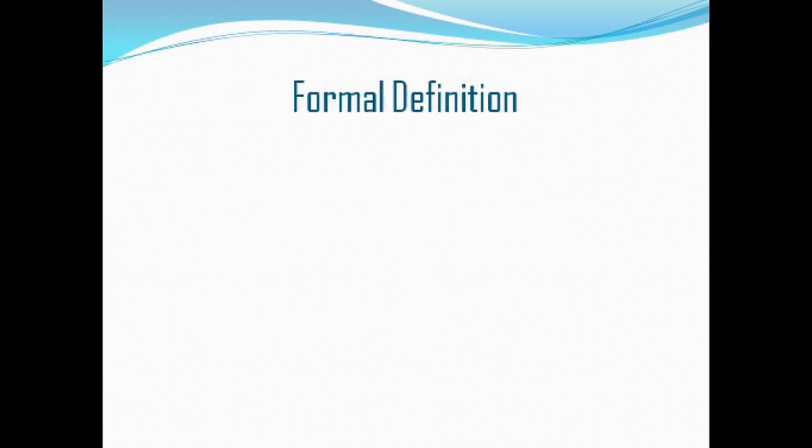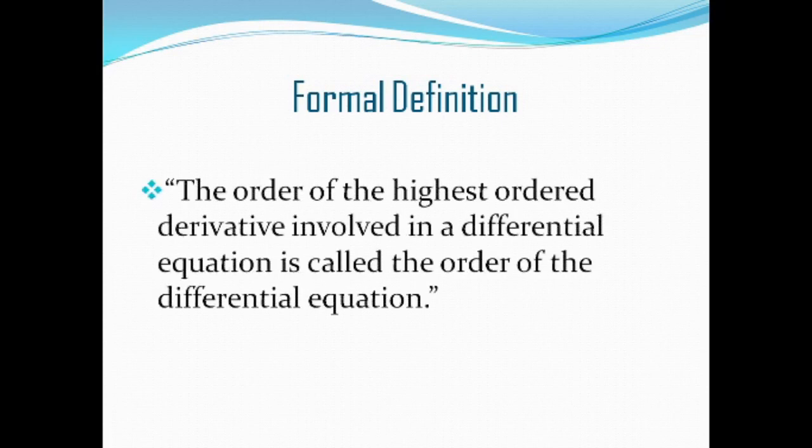Okay, now the formal definition of the order of a differential equation as given by Shepley L. Ross in his book Differential Equations on page number 5. He defined that the order of the highest order derivative involved in a differential equation is called the order of the differential equation.